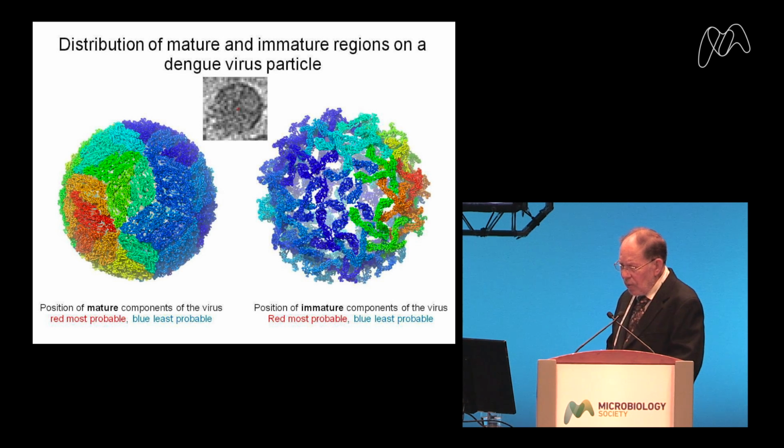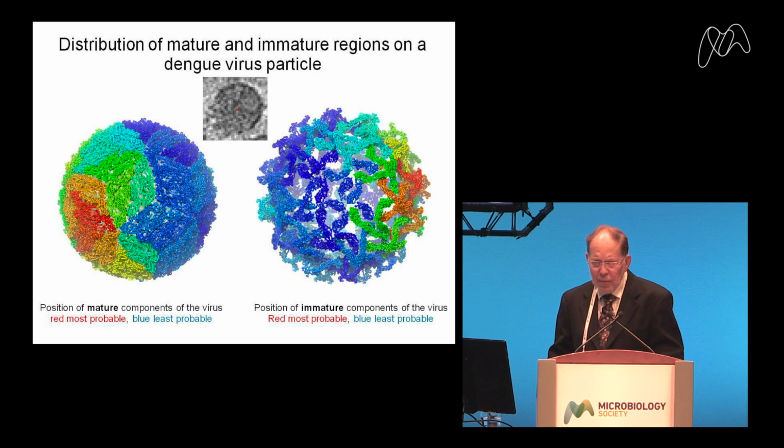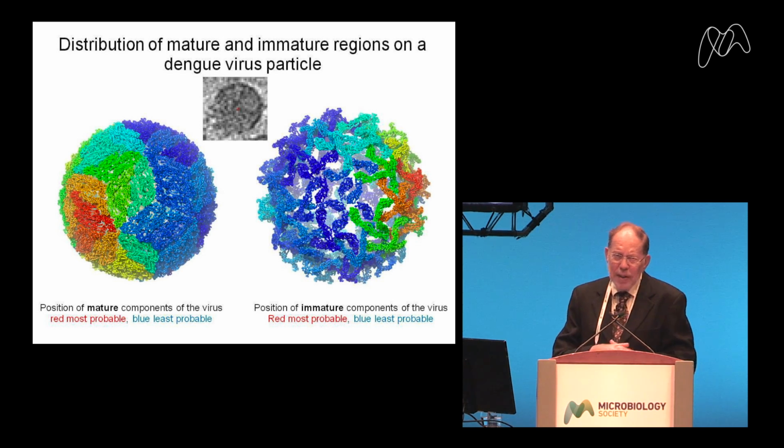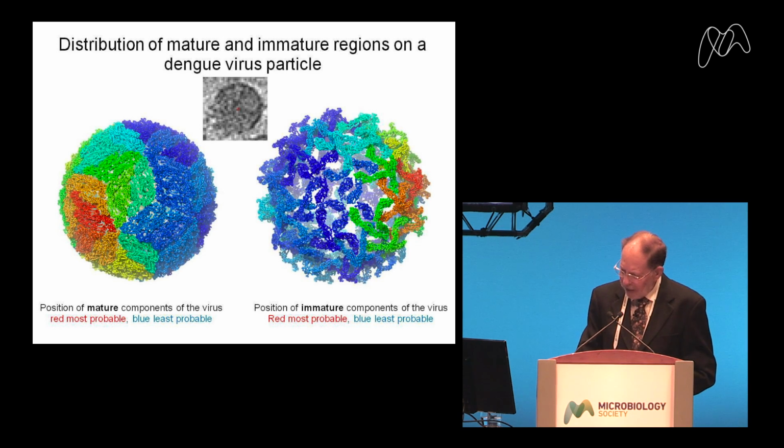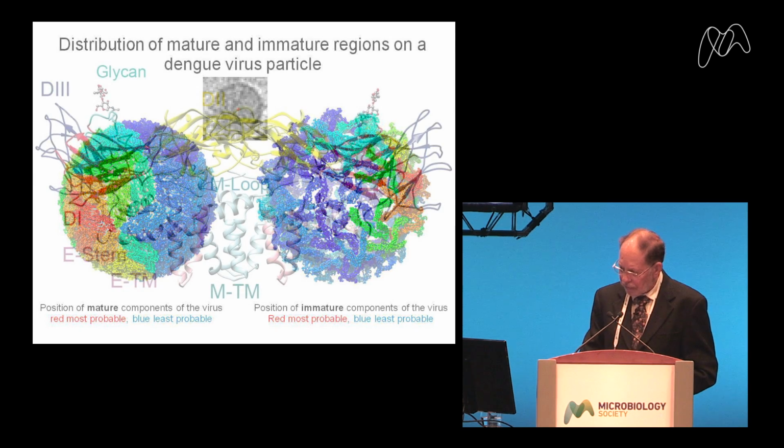And that actually was a major problem when we came to look at Zika, because a mature virus is never completely mature in these flaviviruses. And when you do electron microscopy, you're dependent on having homogeneity, so that you can average the different particles. And that was a big problem when we came to look at Zika virus, which is also a flavivirus.